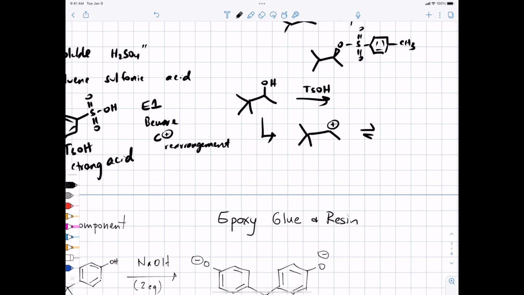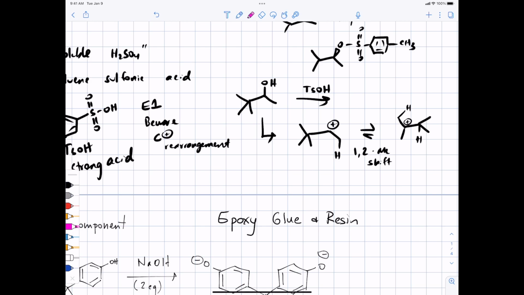Then you're going to have the possibility of doing the 1,2 methyl shift to get the more stable tertiary carbocation. And then you have to consider elimination products from all of those possibilities.